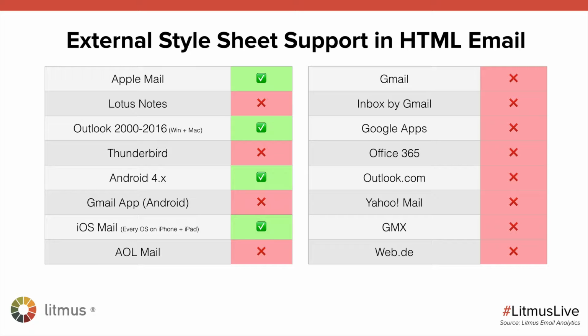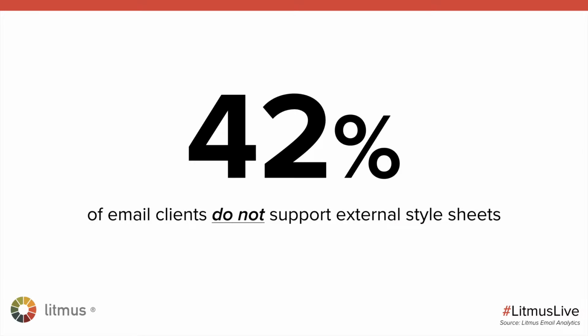But it has pretty good support, which is encouraging. Since we're talking about universal support here, 42% of email clients do not support external style sheets, and that's a very big chunk, which is why we have to rule this out as the go-to or a reliable method of using CSS in HTML email.